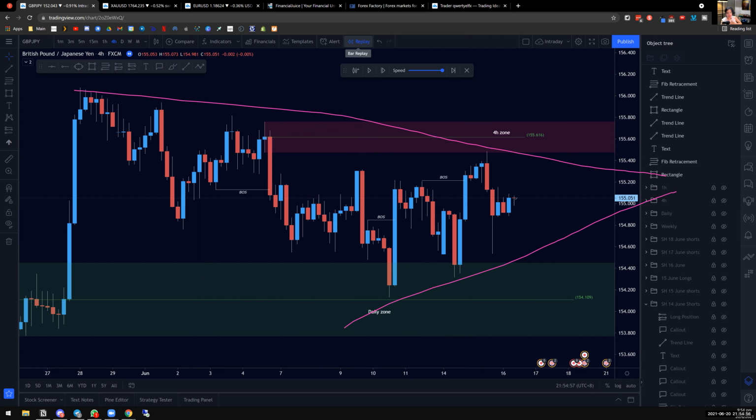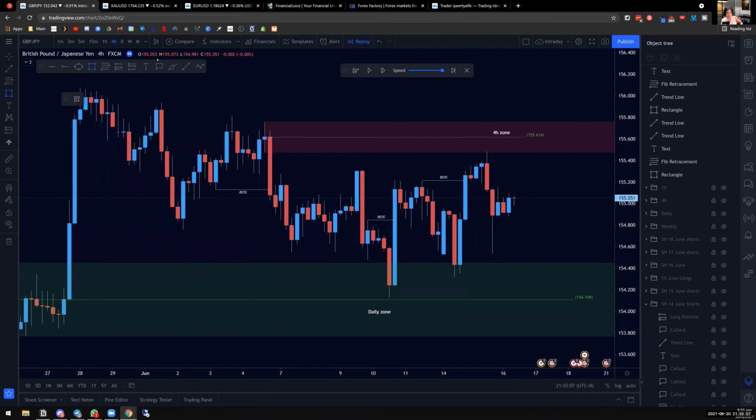Okay, so at this area here, 4 hour, does anyone know if there's a zone on the 4 hour? To me, the 4 hour is not that clean because the area here is not really a clean break of structure on the 4 hour.